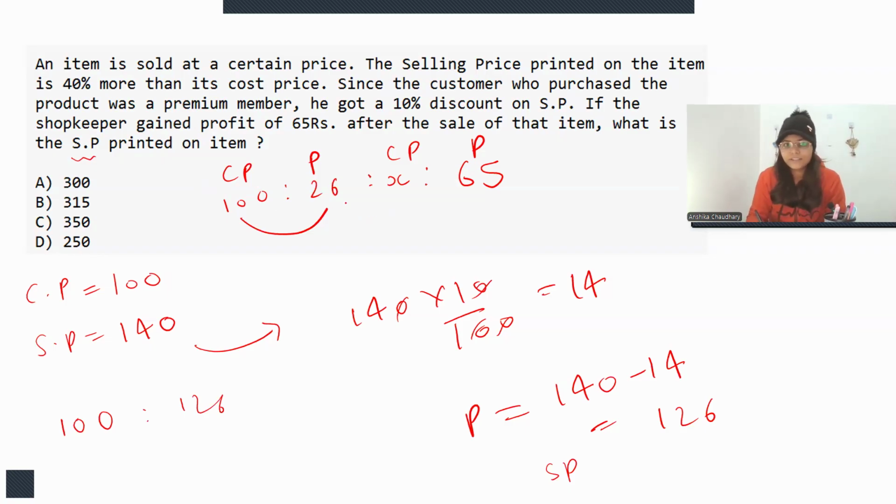Again, see, the question was from profit and loss, or we can say SP and CP, but here we are on ratio. So see, these topics are interconnected: percentage, ratio and proportion, profit and loss, and SP and CP. Let's find out. So 100 upon 26 is equal to x upon 65.